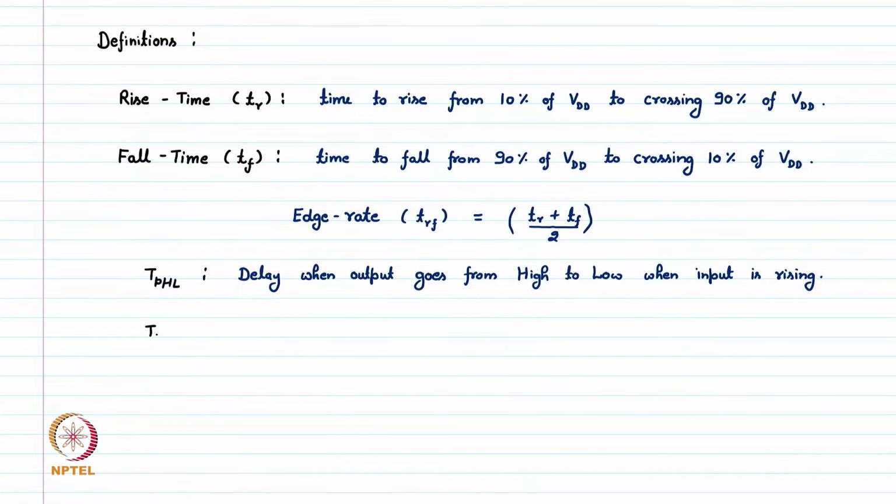Similarly, TPLH is the delay when the output goes from low to high, when the input is falling.